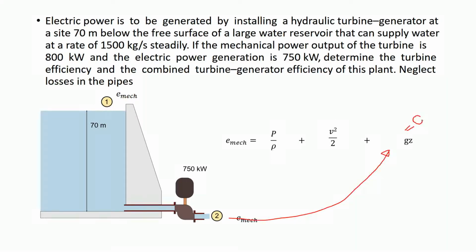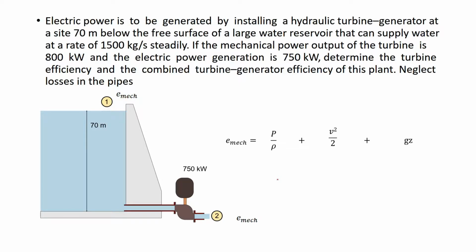But since the fluid is flowing very fast, the kinetic energy would be at the highest. So when the fluid is flowing through this path, each component of the mechanical energy would have different amounts. However, the total mechanical energy would be conserved.